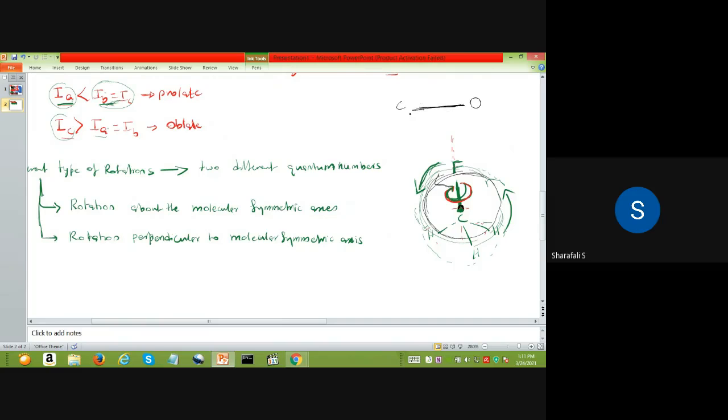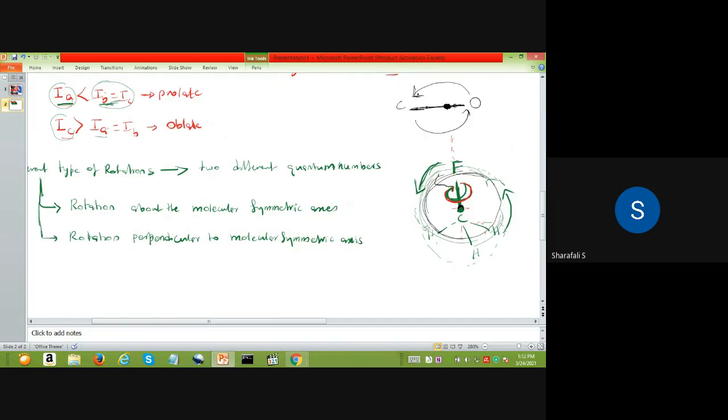In this case, the only possibility is that the rotation is like this.